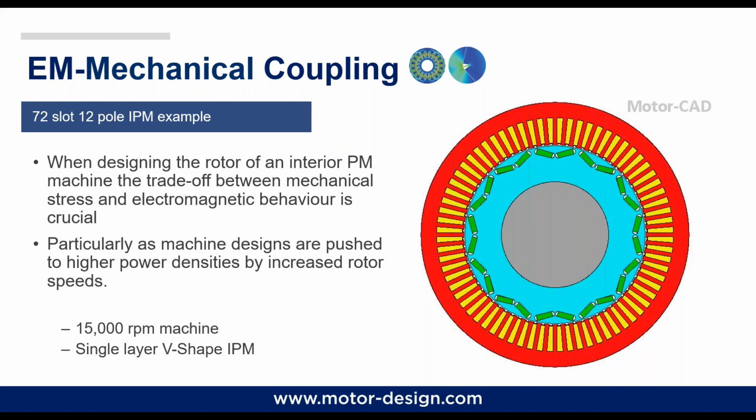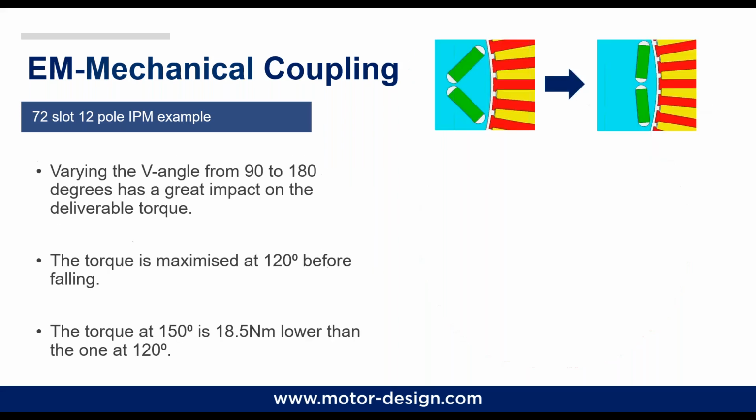So in this case, I'm going to consider this 72 slots 12-pole machine, and study the effect of the V angle on the mechanical stress, as well as on the power and torque performance that I'm going to show you later.